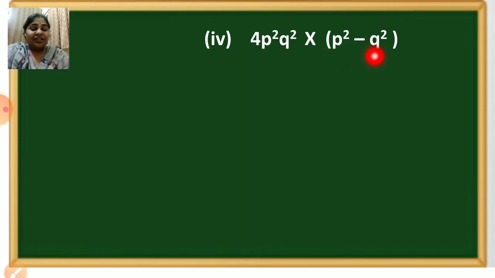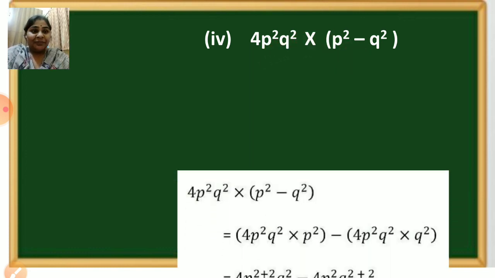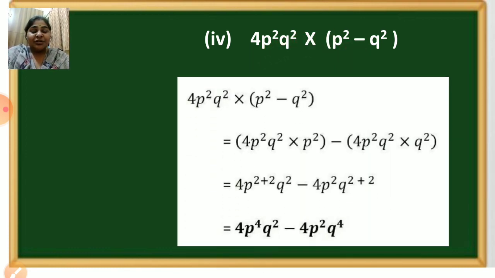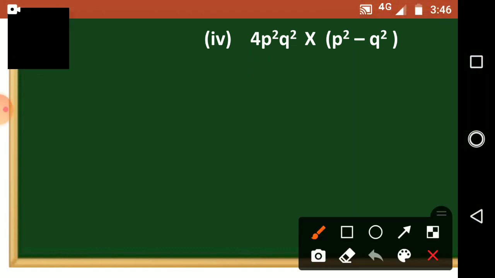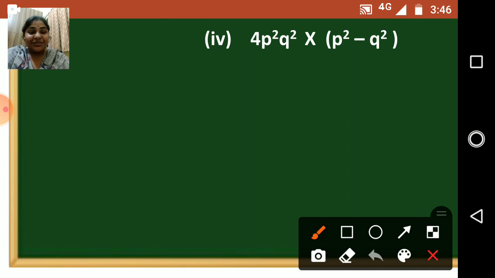So here if you see, children, it is a monomial with a binomial. Okay, so fine, let us first solve and then we will see once again the solution. Yeah, so it will be this monomial I will multiply by each term in the binomial in the bracket.